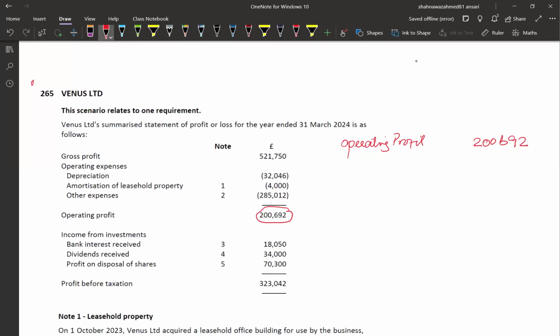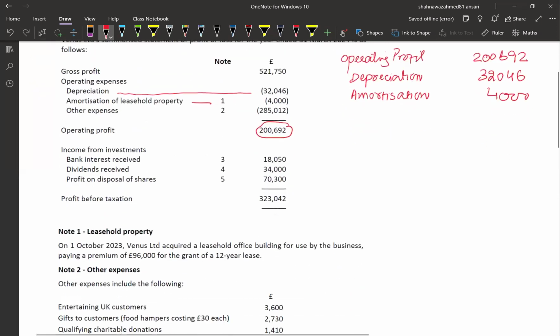Now we have to add disallowed expenses here. Depreciation is a disallowed expense, so we have to add it back. Depreciation is 32,046, and the amortization is 4,000. Now, what is note number one?